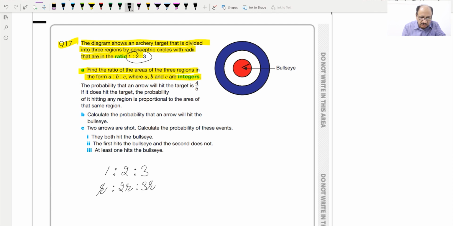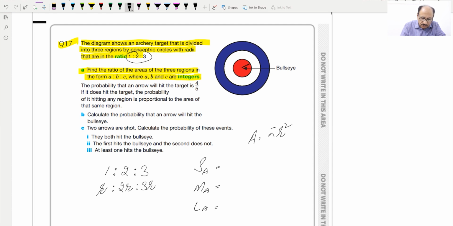So we can take these as radii, and we can take the area of the small circle, the area of the medium circle, and then the area of the large circle. So if we write these areas, we know area is equal to pi r squared. This is the formula.